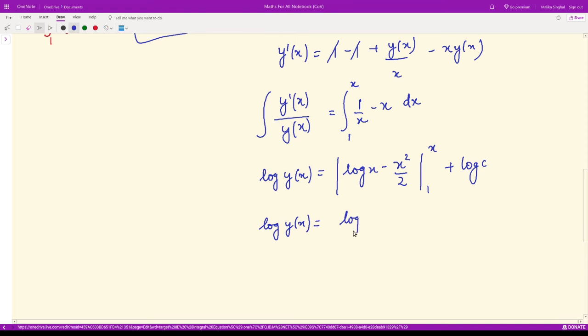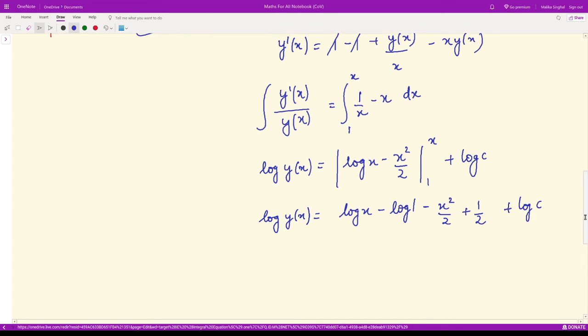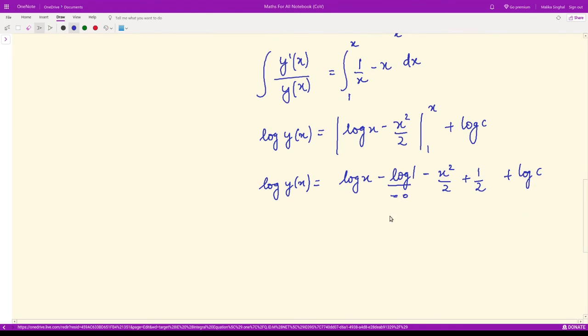So it would be log x minus log 1, that would be 0, right, minus of x square by 2 and plus 1 by 2, right, plus log of c. So this term is 0, right? So we have here, I'm taking this term and this term together, so this would give me log of x into c, and here I have plus 1 by 2 times 1 minus x square.